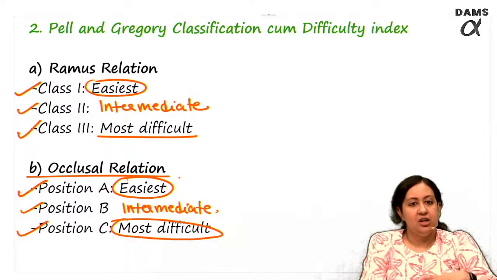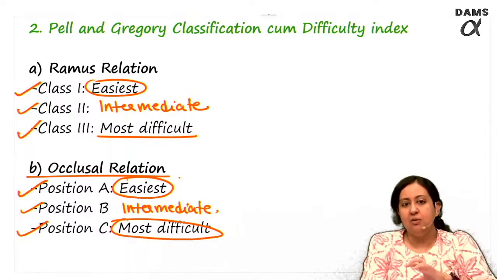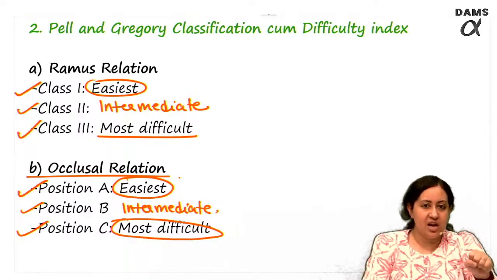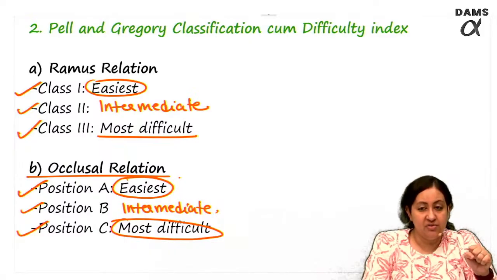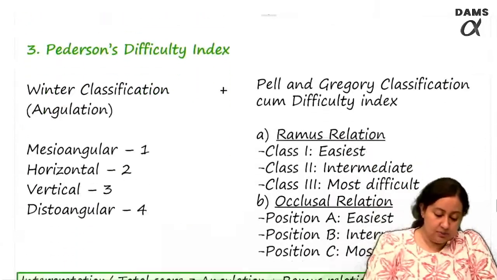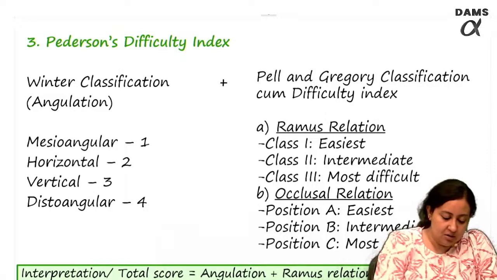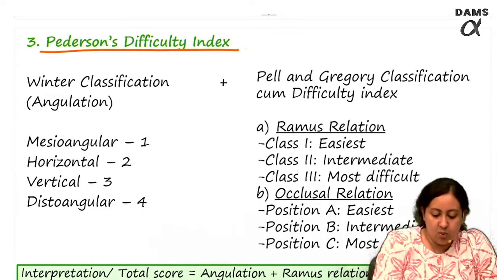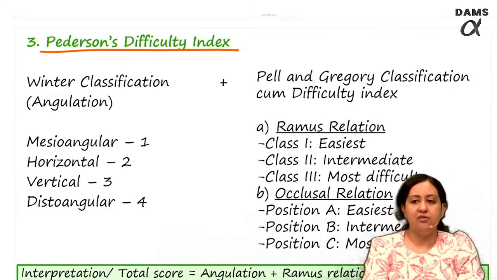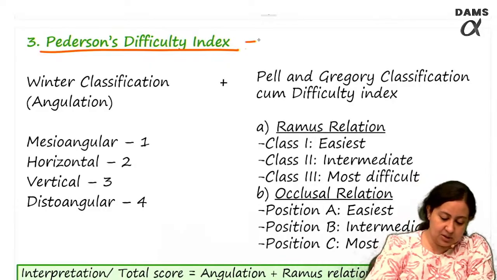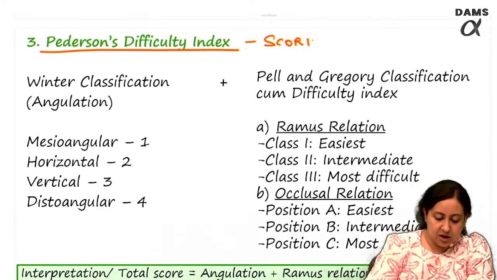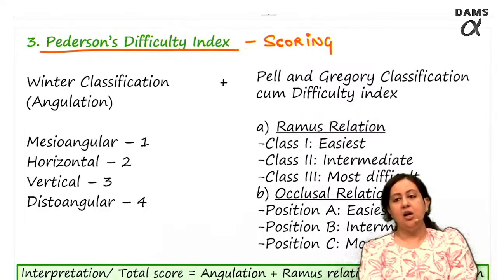But stating the difficulty as easy, intermediate and most difficult is a very vague way to describe it. So we had Pedersen, who came up with the scoring criteria for difficulty. He gave the scoring along with stating what is easy, intermediate and difficult.